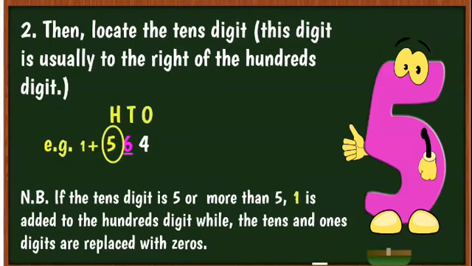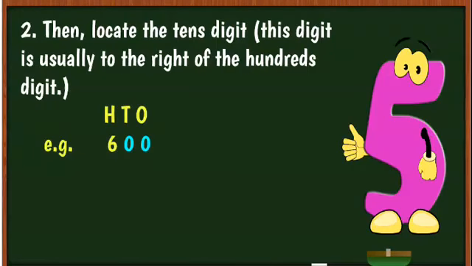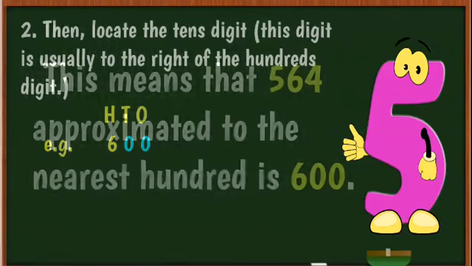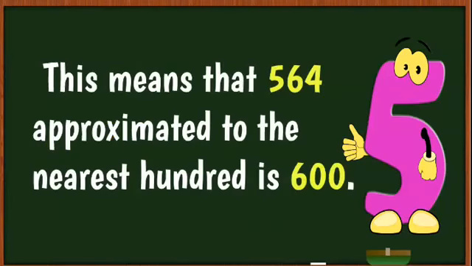So here we see our 1 being added to that hundreds number since 6 is more than 5. So it becomes 600, where the tens and ones are replaced with zeros. So this means that 564 approximated to the nearest hundred is 600.